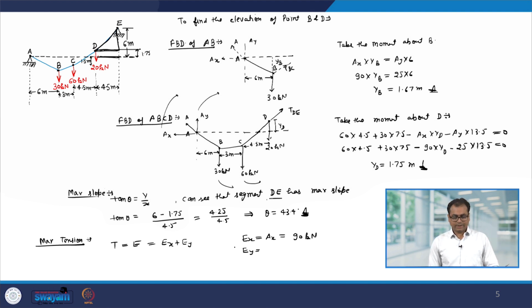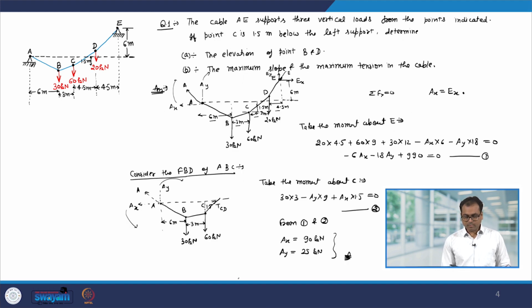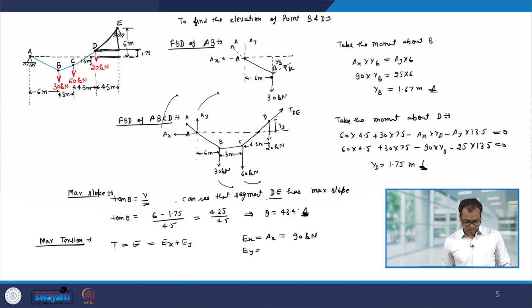And Ey now I can find out from the free body diagram of the entire cable, because we have to see how much force is acting downward and how much force is acting upward. So, Ay I know. Basically Ay plus Ey should be equal to 30 plus 60 plus 20. Okay. So, Ey will be 20 plus 60 plus 30 minus Ay, and again Ay was 25.